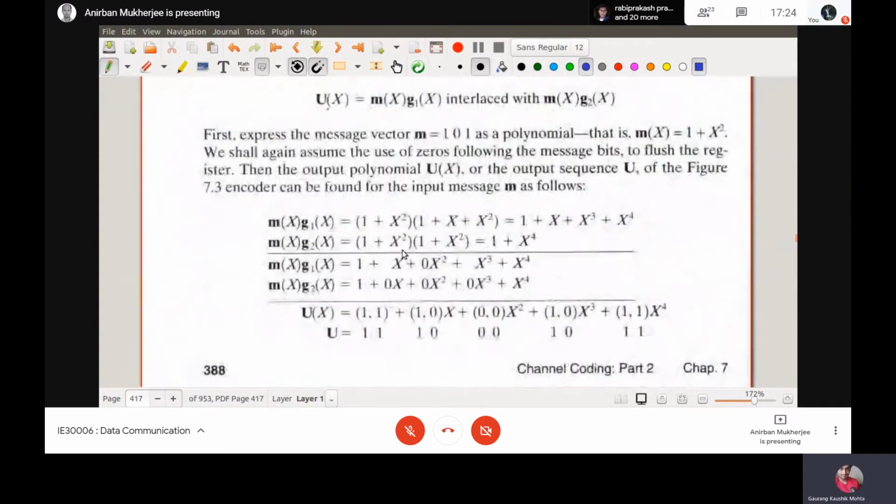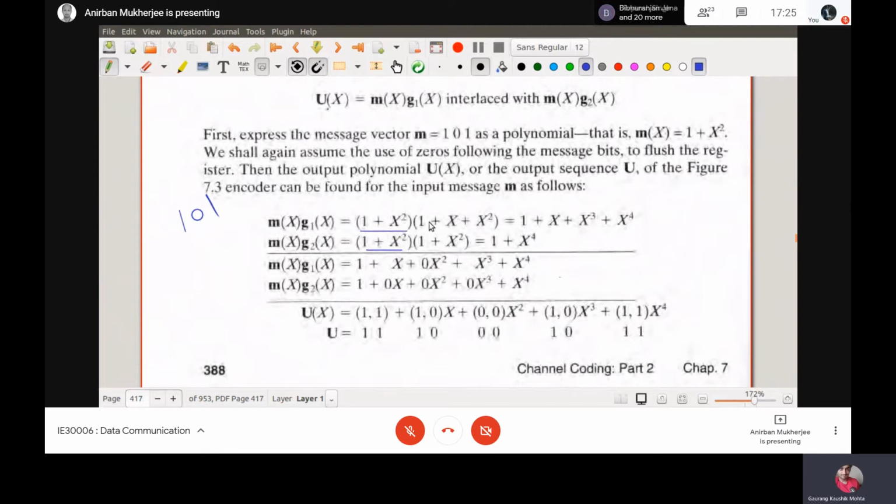If you do the connection that way, you will see what your M(x) is. M was 1 0 1, so this is your g1(x), this is your g2(x), and M(x) was 1 plus 0x plus x square, that is 1 plus x square.